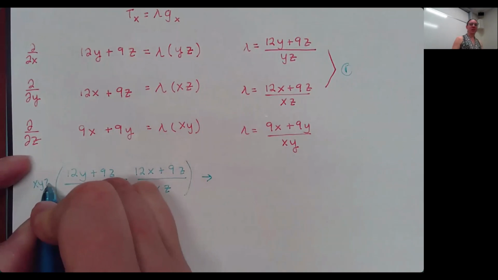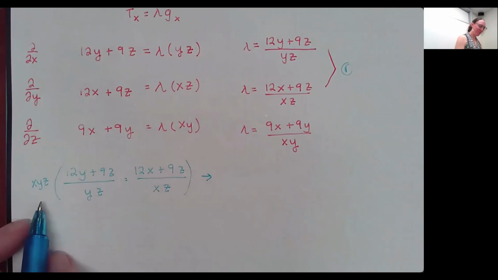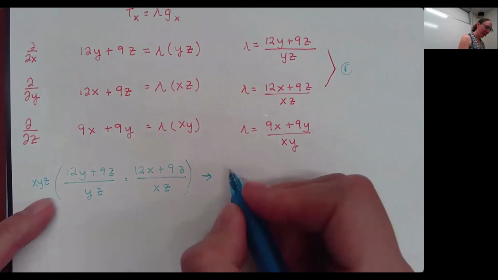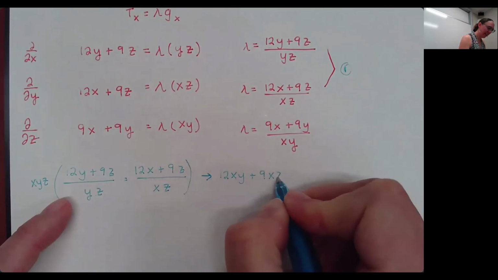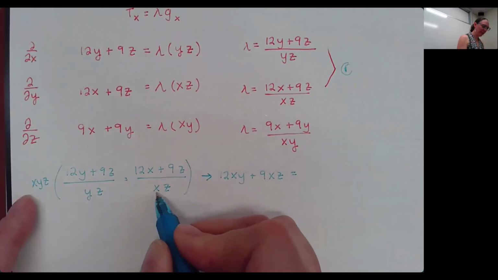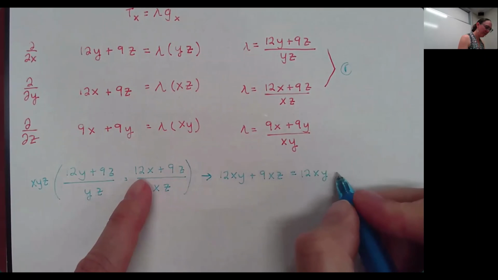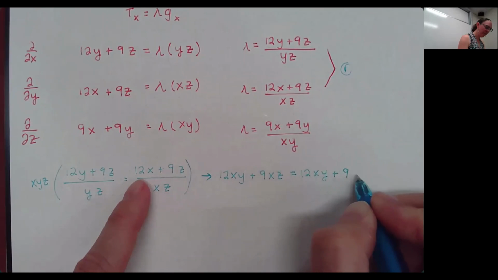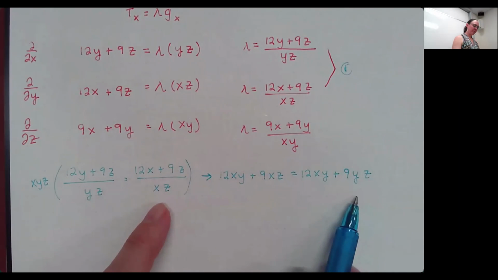Really, there's no calculus going on here. This is an all algebra all day kind of day. So if I multiply both sides by xyz, I end up with 12xy plus 9xz is equal to, over here, my x and my z would cancel out, and I'd have 12xy plus 9yz. I think I got that right.